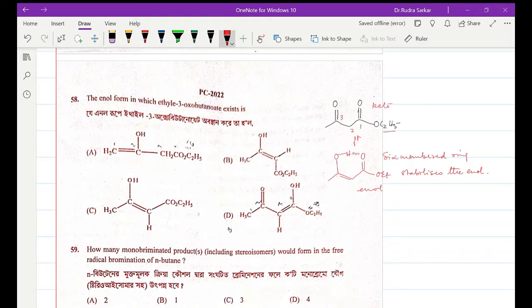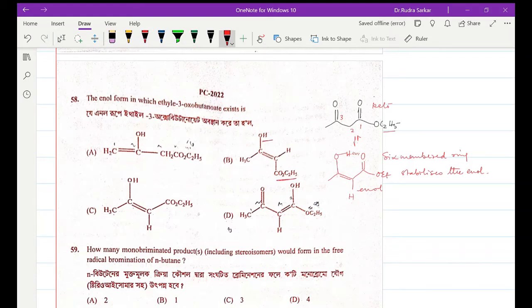Now comparing that, the structure that looks very similar to this. So this is 1, 2, 3, 4. Obviously, as we can see, this is the hydrogen. So this is lying opposite, right?